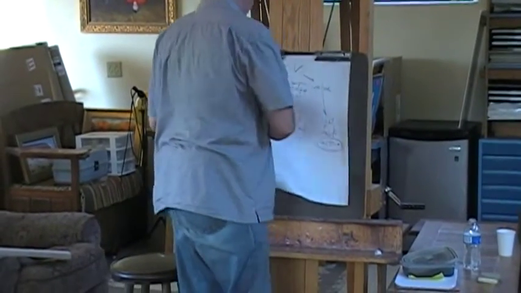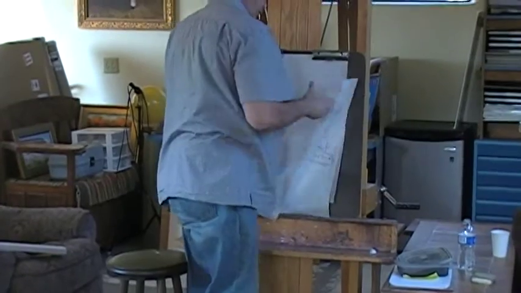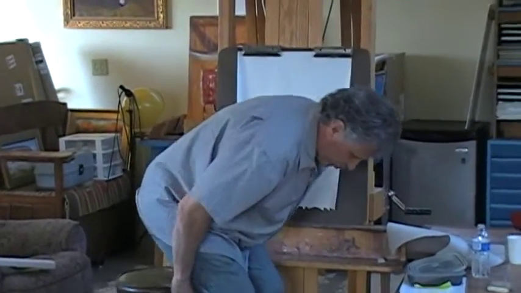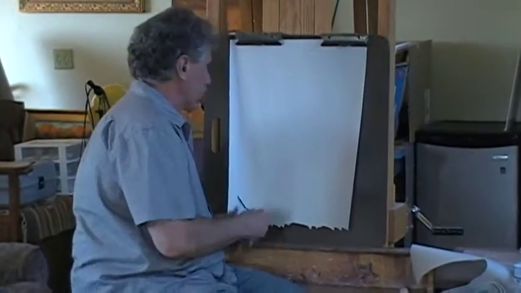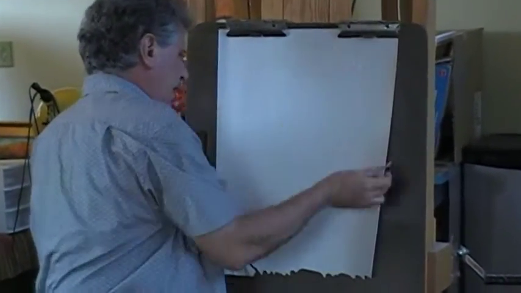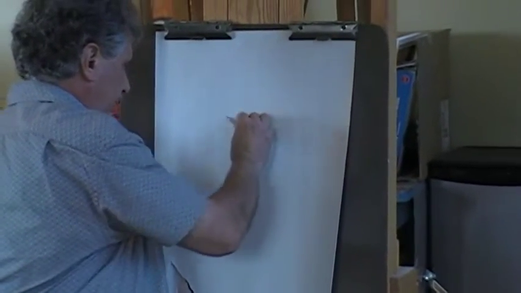Okay, so remember SEV, S-E-V. Shape, edge, value. All right. Now I'm going to try and do a demonstration where I put everything together, and then we're going to have Lori do this pose. But let's assume that I have a line of action.